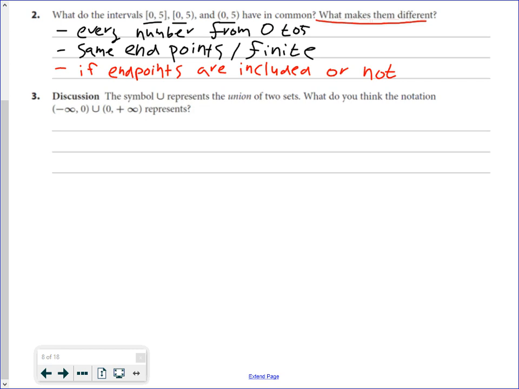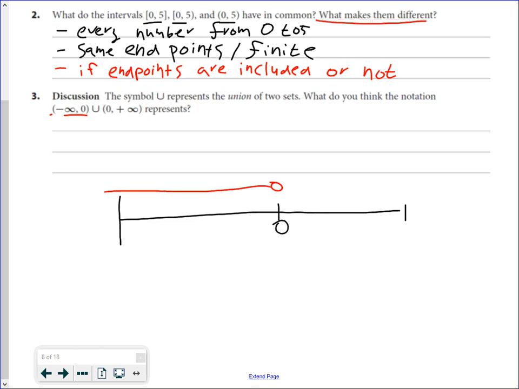So when we have this interval right here, from negative infinity to 0, let's do that in red. So from negative infinity, we have a 0 right here. We go from negative infinity all the way to 0, not including the 0, so parentheses. And then we go from 0 to positive infinity.